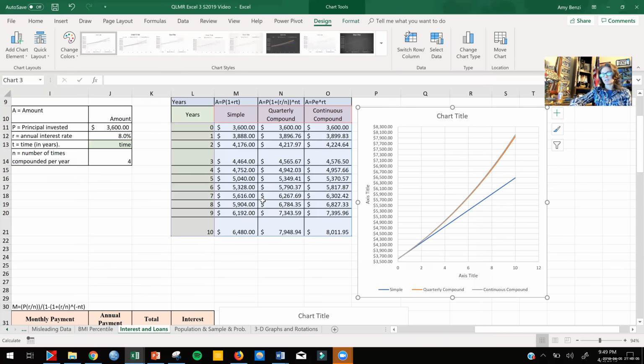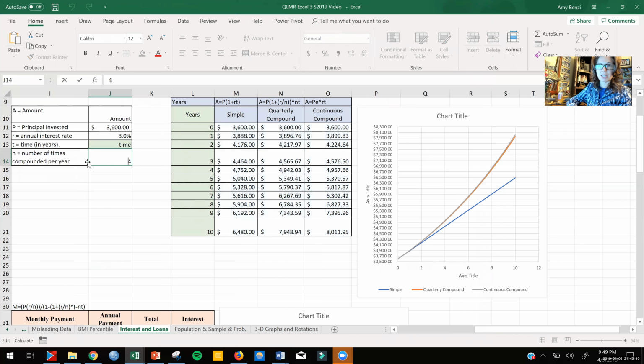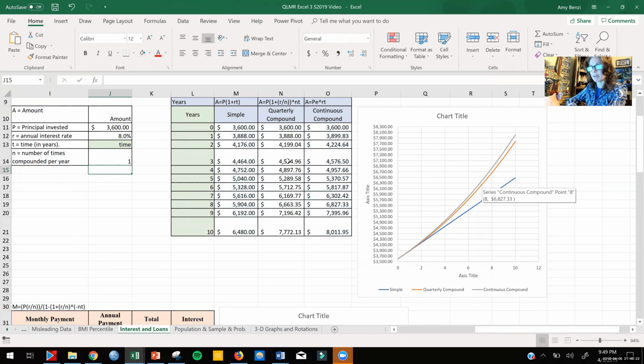Well, what does that mean? It means right over here. See where it says number of times per year that it's compounded? Instead of 4 times a year, we only want it to show once a year. Because what happened now, it gave me just a little bit more separation so that I could see the graph better.